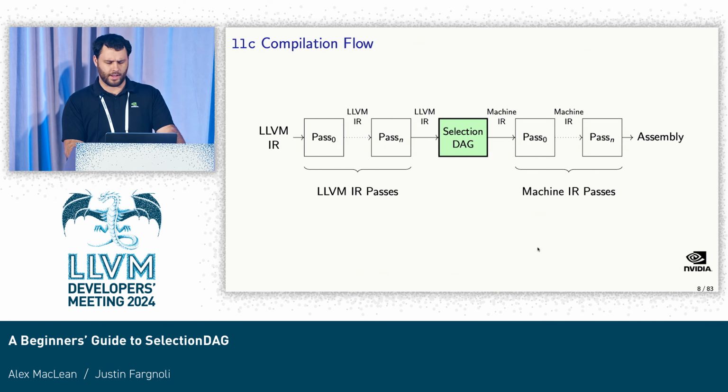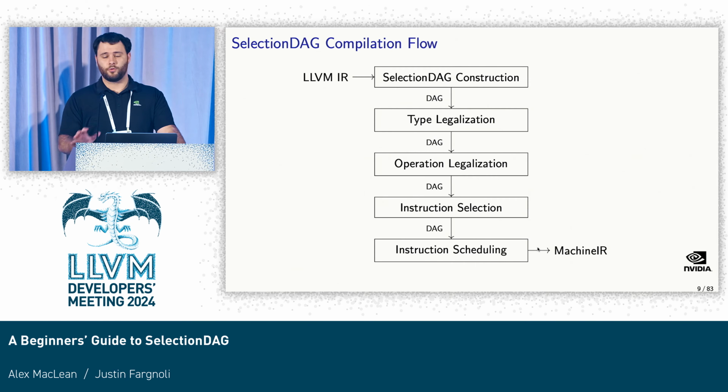Let's look at what SelectionDAG's doing. Well, first, it's constructing the SelectionDAG data structure. Again, SelectionDAG is both a framework and a data structure. With our SelectionDAG, we legalize the types and operations to ensure that they're all supported by the target we're compiling for.